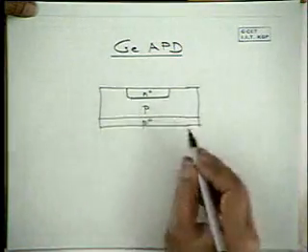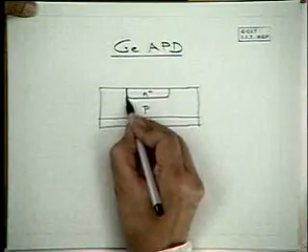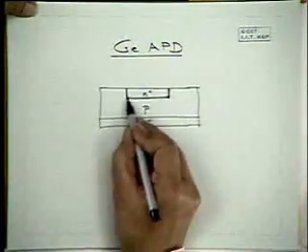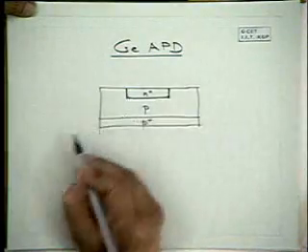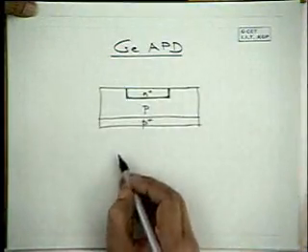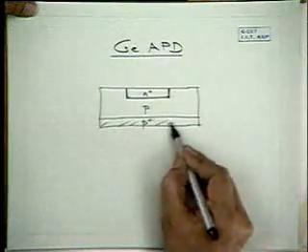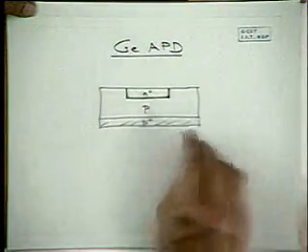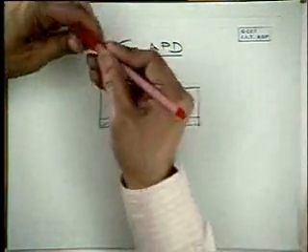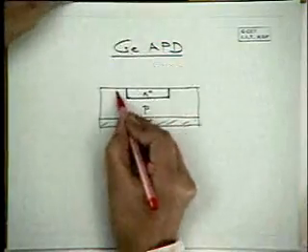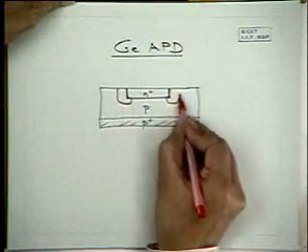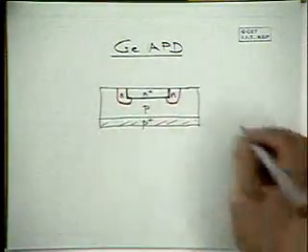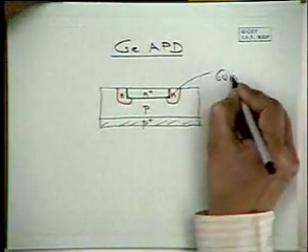This is the junction. If you have a very sharp junction here, the electric field tends to be large. This is the back contact. What we do is we have a lightly doped guard ring.